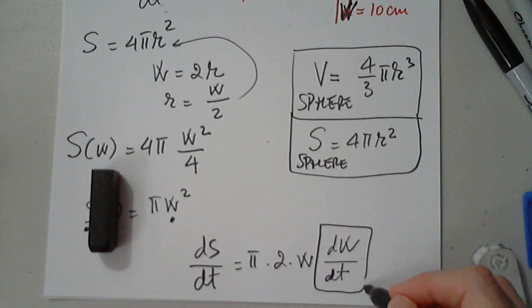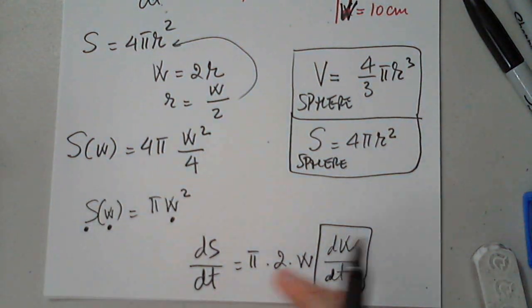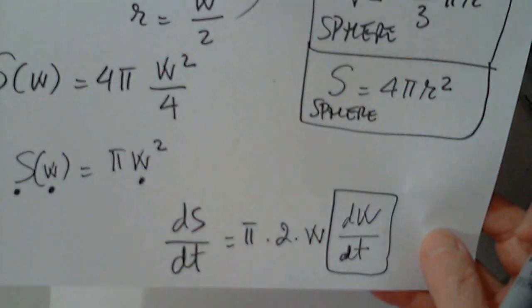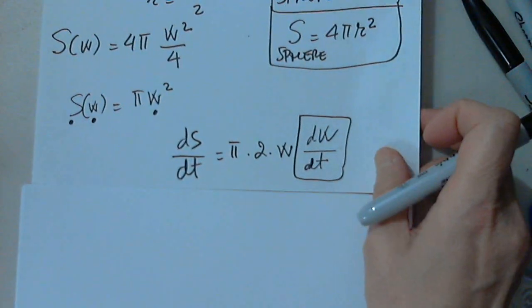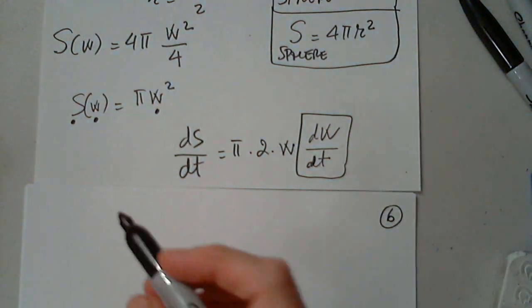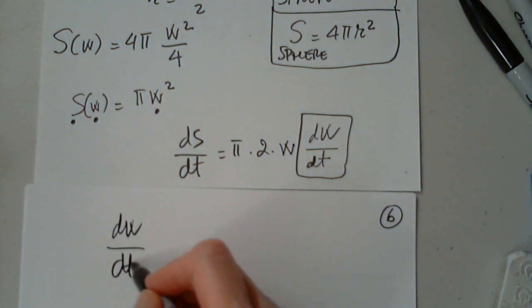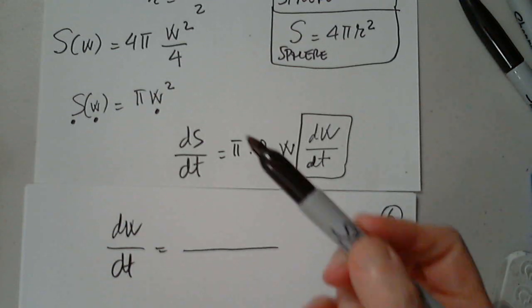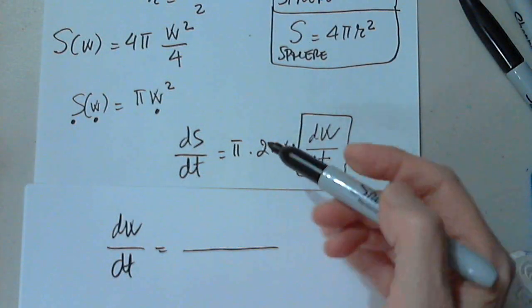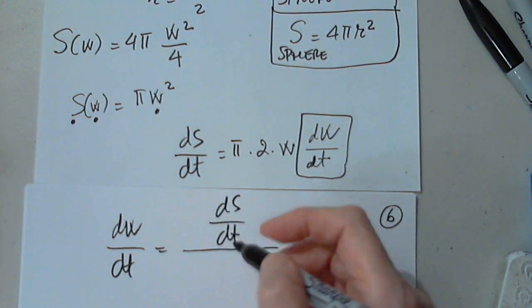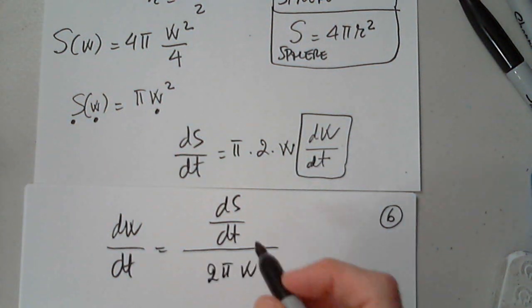I will solve first for dw over dt and then plug in the numbers. So dw over dt equals this piece over this piece. So ds over dt over 2 pi w.